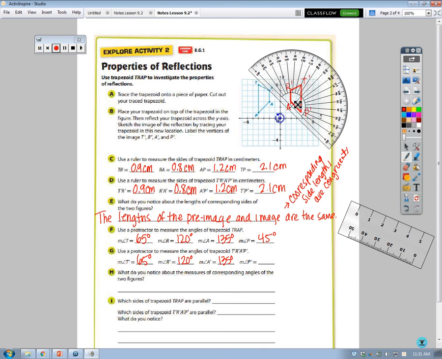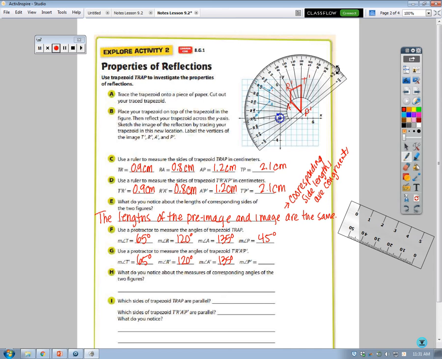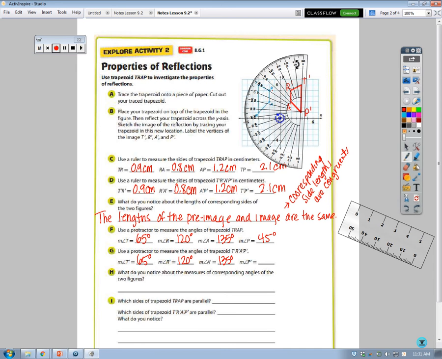And then angle P. Let's go ahead, whoops, spin this around. And we are looking at, right there in the middle again, about 45 degrees. So what do we notice about the measurements of the corresponding angles of the two figures? Well, just like the lengths, they are the same.